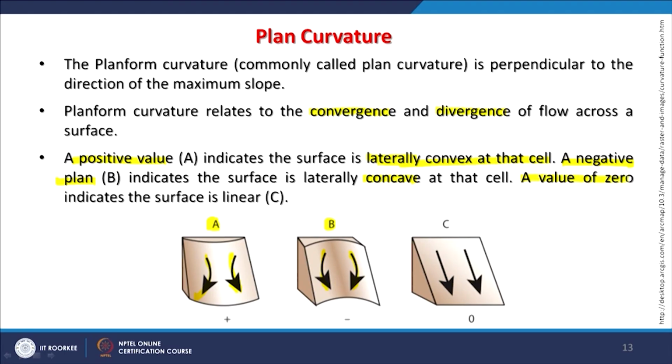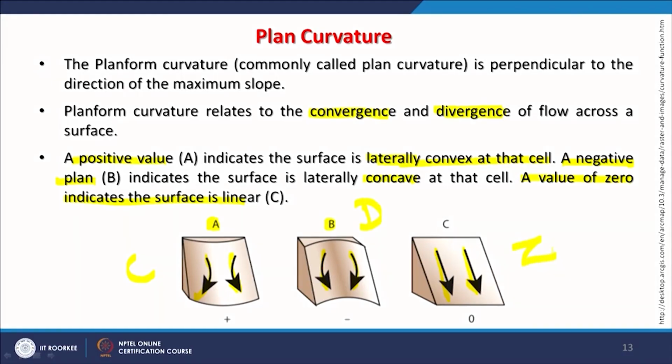And a value which is 0 means the surface, though it is inclined, is flat, so you are having straight lines. So, these lines basically will decide whether they are convergence or divergence. Like here, example A is for convergence and example B for divergence, and this is value 0.